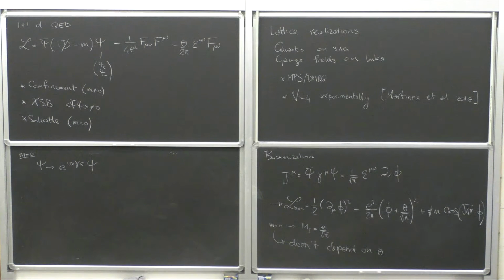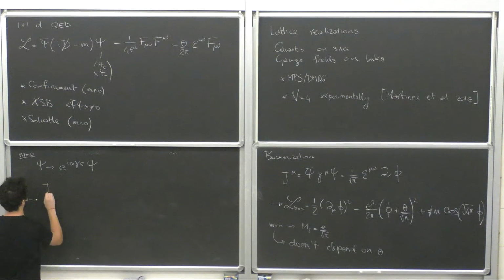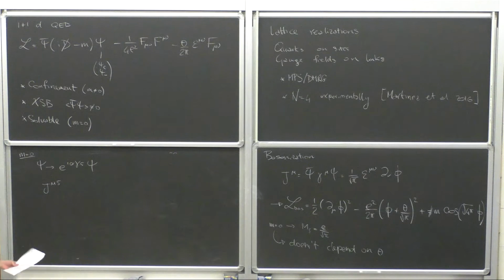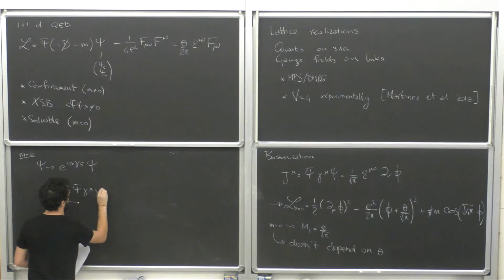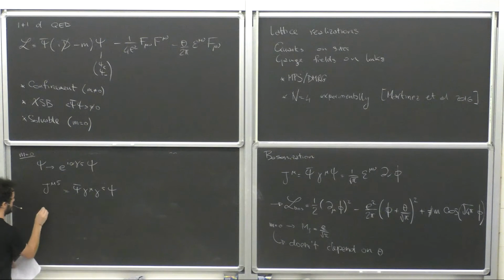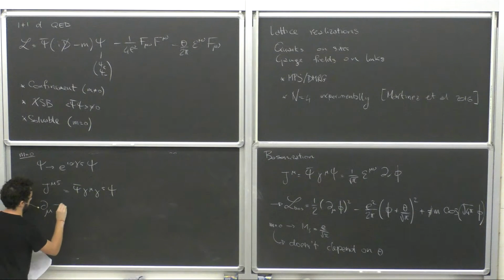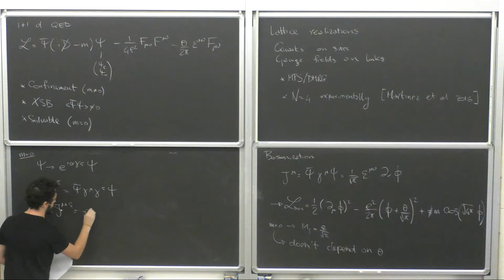But the symmetry is anomalous. That means that it's not conserved at the quantum level. To be more specific, J mu of phi, which is what you would think would be the current in this case, it's not conserved, but instead gives you something like this.